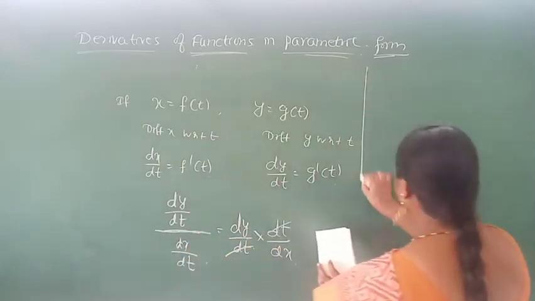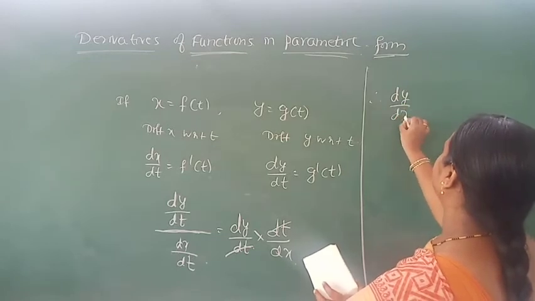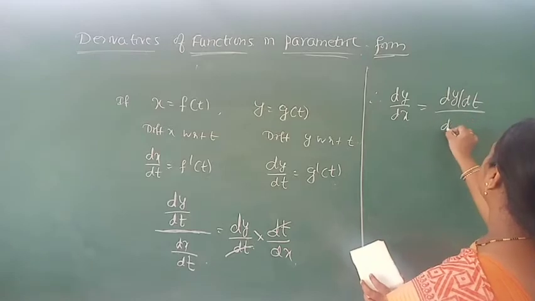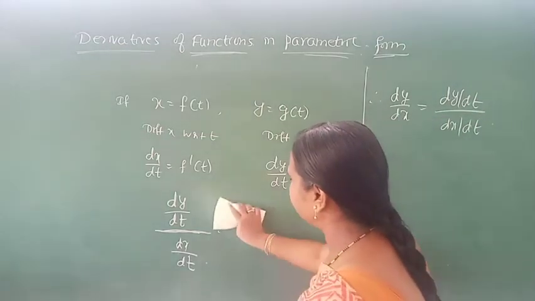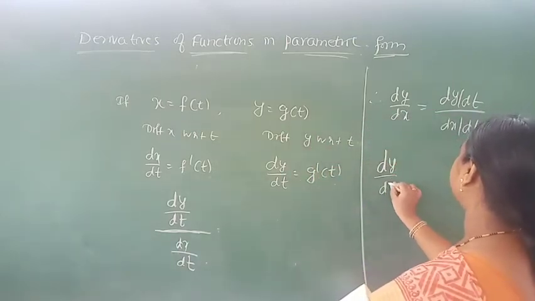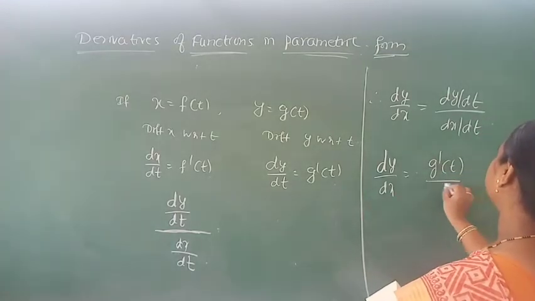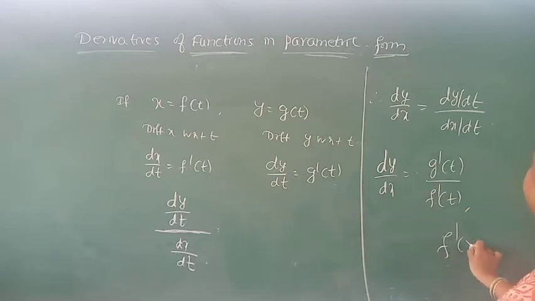Therefore, we can write dy by dx is dy by dt divided by dx by dt, or else dy by dx is g dash of t divided by f dash of t. Condition: the denominator is not equal to 0. Therefore, we write f dash of t is not equal to 0.